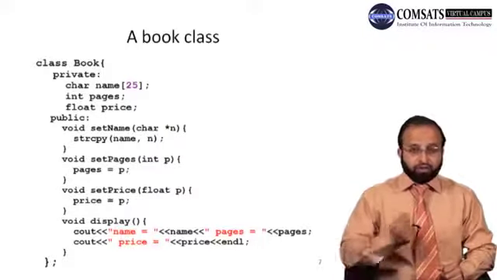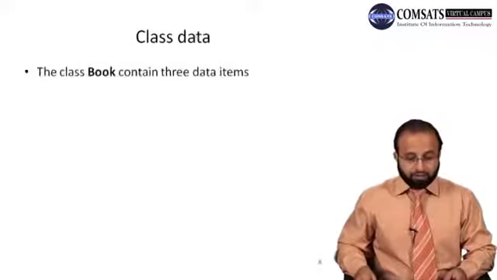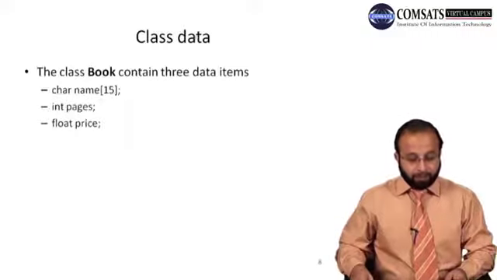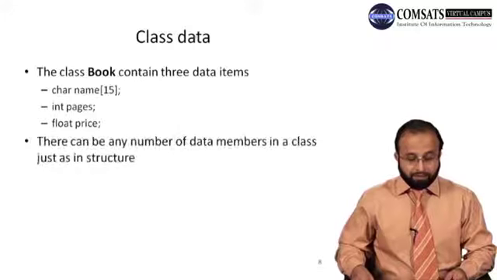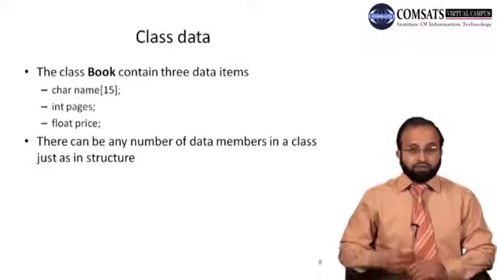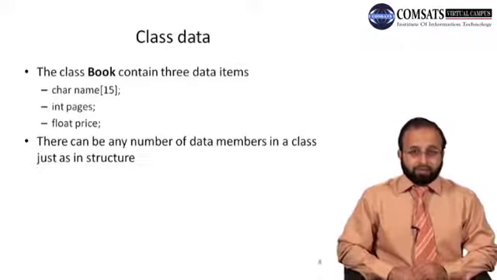So this also comes from the real world. Class data. The class book contains 3 data elements: the name, that is char name[15]. So the size of the name is 15. We can have a string object over here as well. Integer pages and float price. There can be any number of data members in a class, just as in a structure. So in a structure definition you can write as many data members as you can.